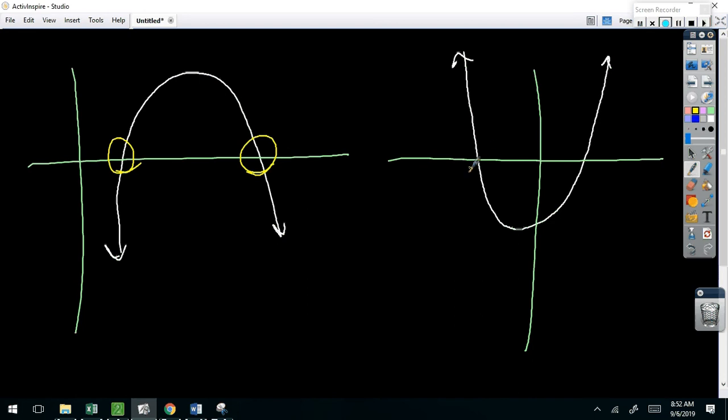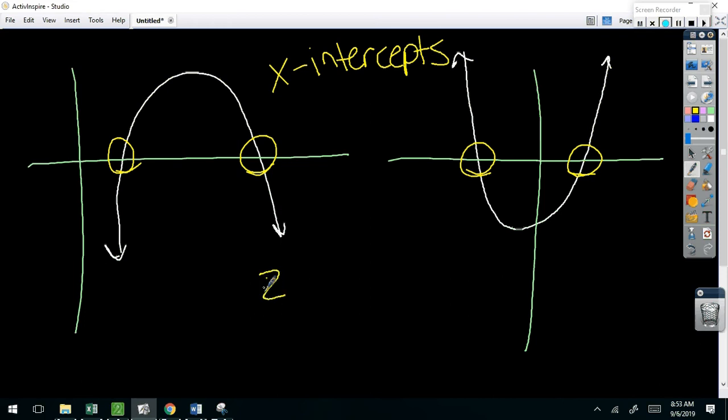What were these called? Those are intercepts. What intercepts are they? X-intercepts. What was another word that we used? Start with Z. Zeros. Those are the zeros of the function.